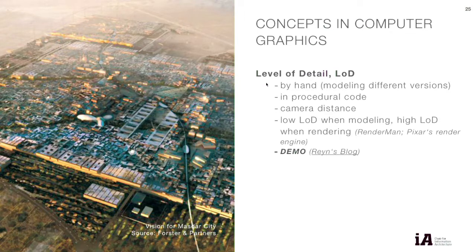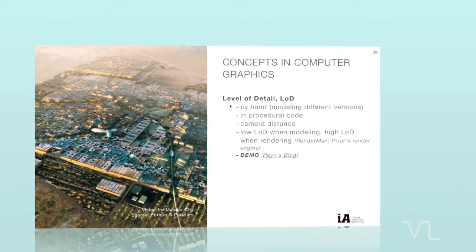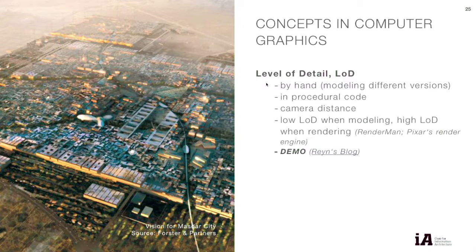So they bake their modeled shape into a texture, and reshape what they have modeled before with a lower polygon count, and apply just a texture on top of it. It looks realistic, but they still can move around the geometry very fast. So that's what I wanted to say about level of detail.